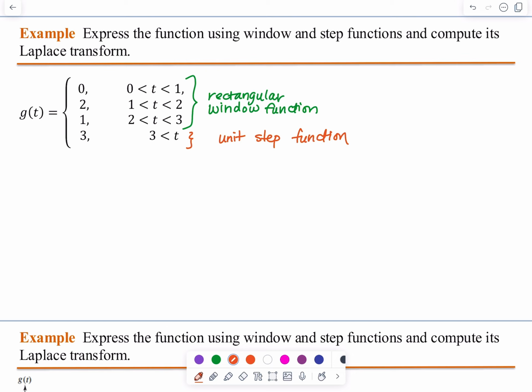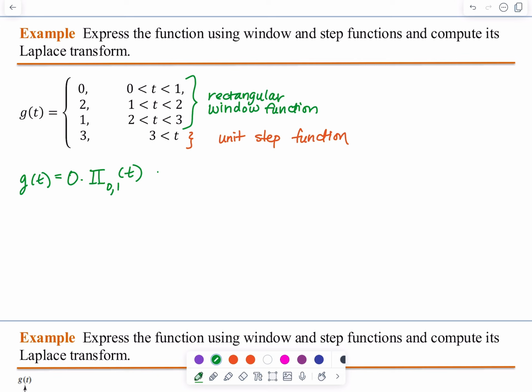Okay, so here we go. We're going to write that g of t is equal to 0 times our rectangular window function, with notation 0, comma 1 of t.